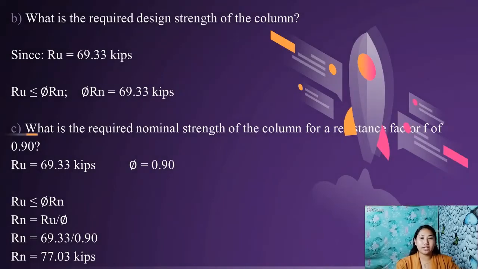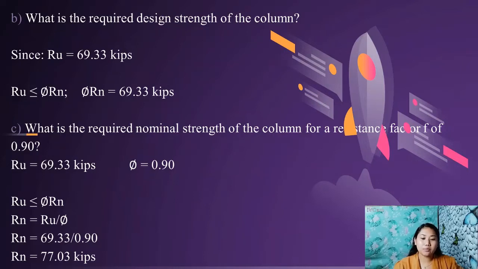What is the required design strength of the column? Since our ultimate strength is 69.33 kilopascal, then our required design strength is 69.33 kilopascal. In letter C, what is the required nominal strength of the column for a resistance factor of 0.90?